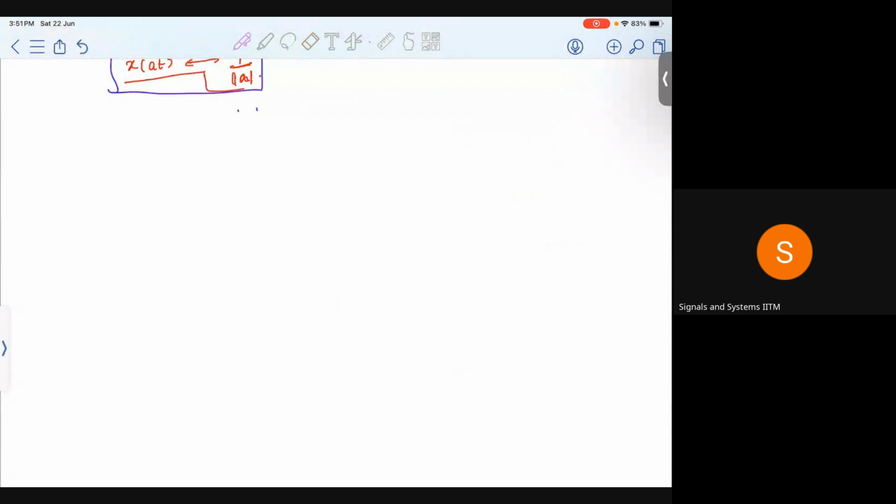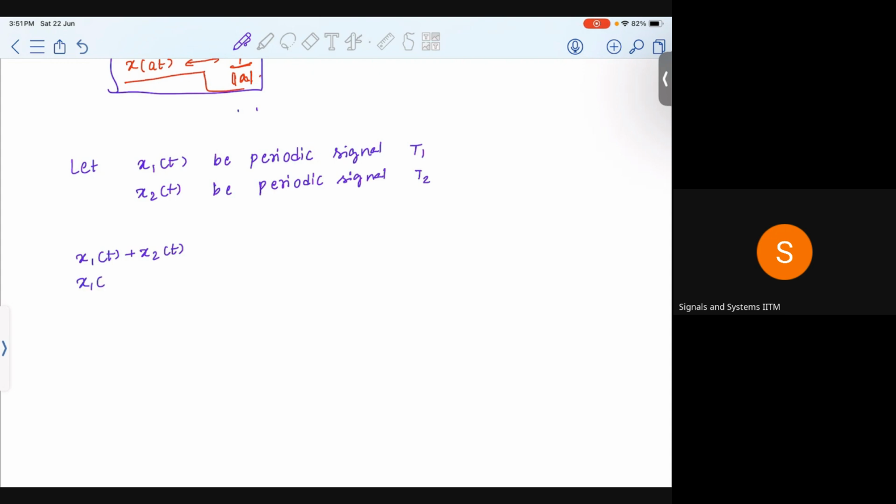So take any two signals. Let x1 of t be a periodic signal with fundamental period T1, and x2 of t be a periodic signal with fundamental period T2. Two manipulations that are possible are x1 of t plus x2 of t and x1 of t multiplied with x2 of t.